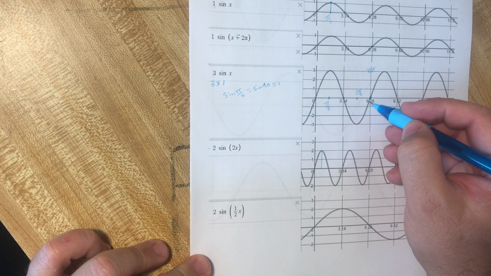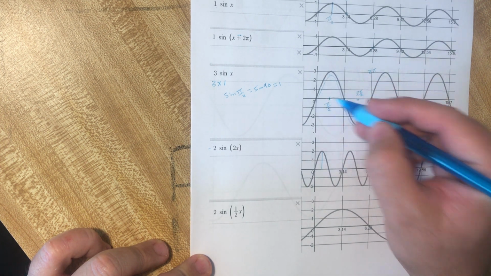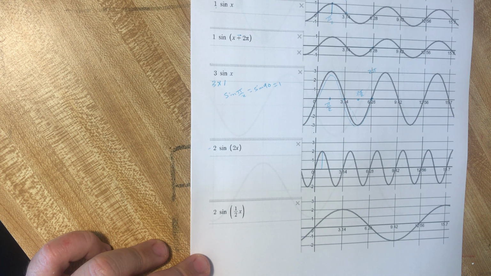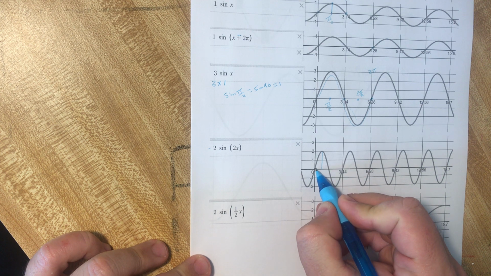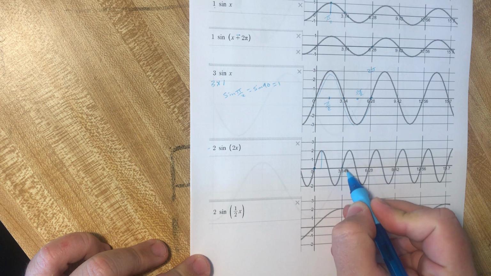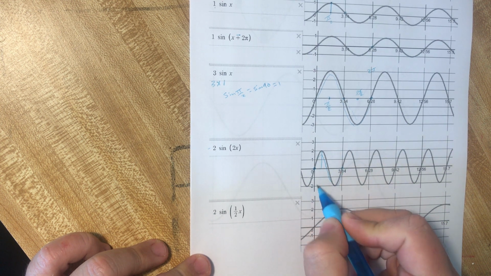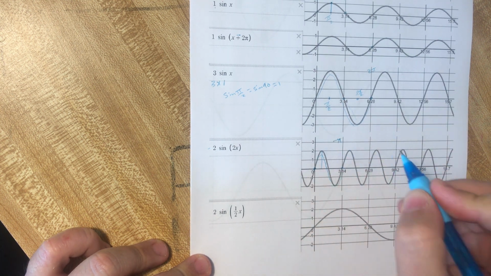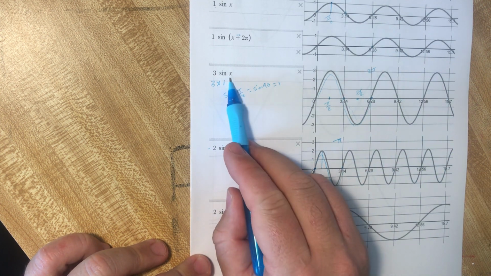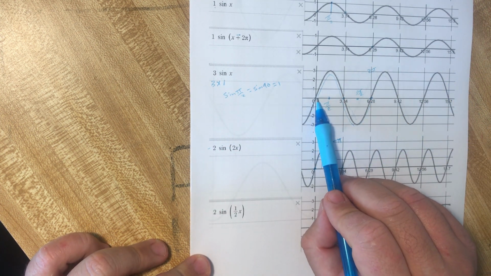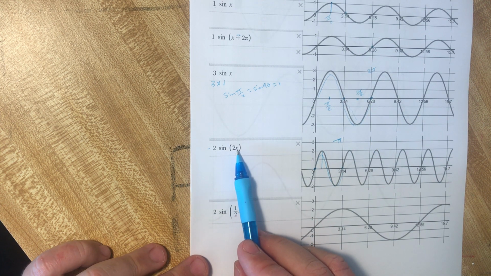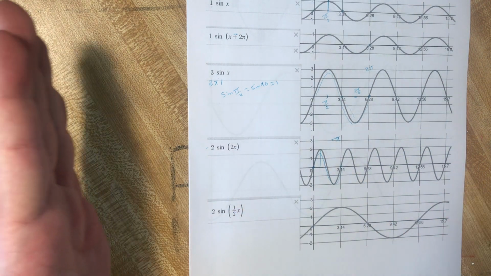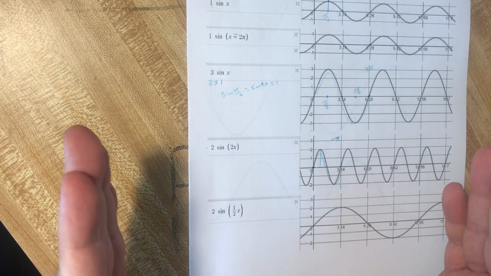This is a complete wavelength, okay? But if I take 2x, the total wave will be from 0 to pi. But when the argument is just x, I have the wave from 0 to 2 pi.